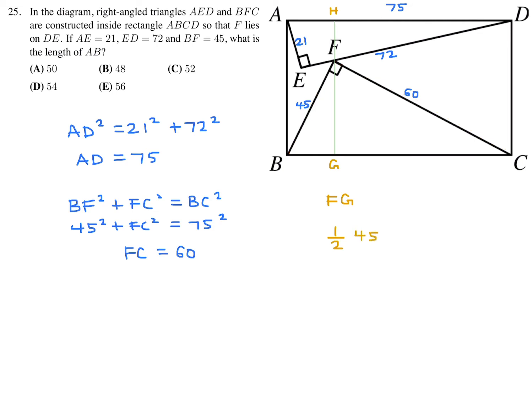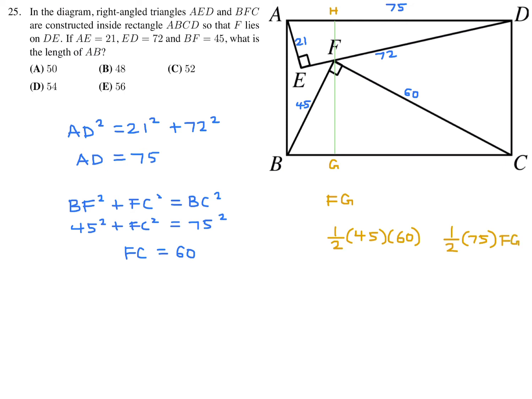So that's the first way, 1/2 times 45 times 60. And now another way is to use this as the base and this as the height, FG. So that would be 1/2 base, which is BC, and BC we know already is equal to 75, since that's a rectangle. And then our height is FG.